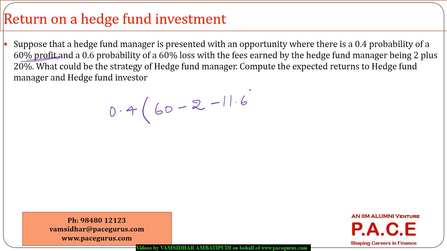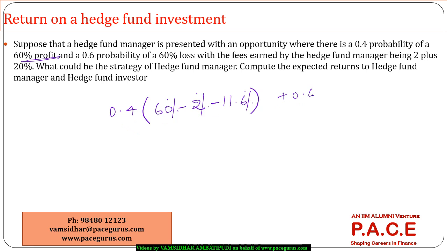So what he is left with is this much. Out of that 60%, 2% is already paid towards the fund management expense, and 11.6% he has already paid towards the incentive.